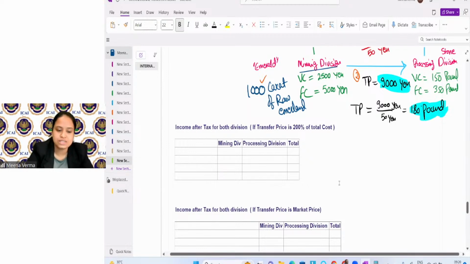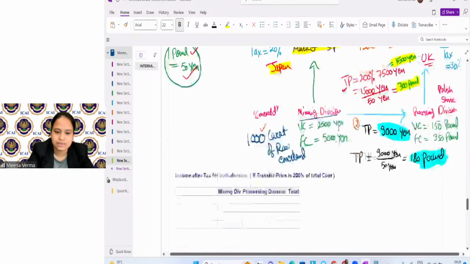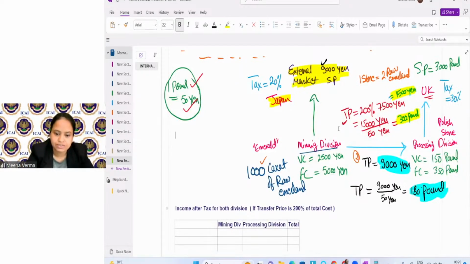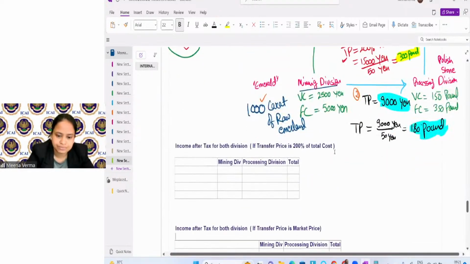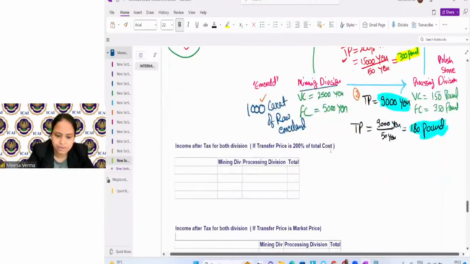Let's do this. In the first case, the transfer price we have assumed is 1,500 yen and 300 pound.